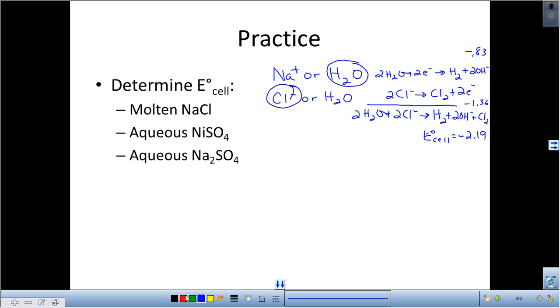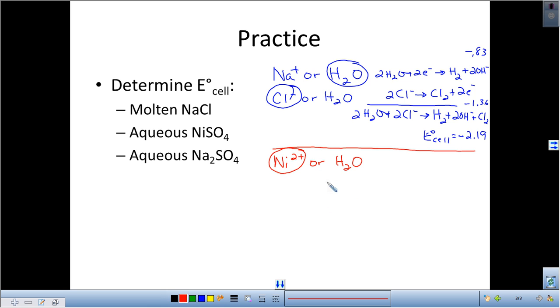So we're going to say, the question is, is it the nickel or the water that's going to be reduced? Well, you go and you look at the reduction potential tables, and you find that nickel has a more positive reduction potential. Therefore, the nickel, in this case, is going to be the one that is going to be reduced.